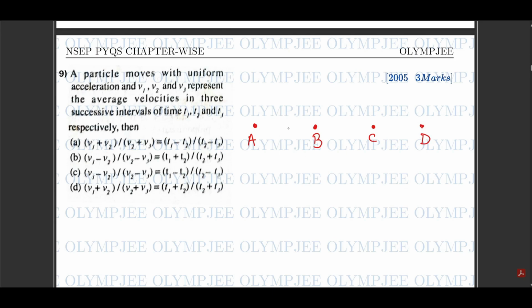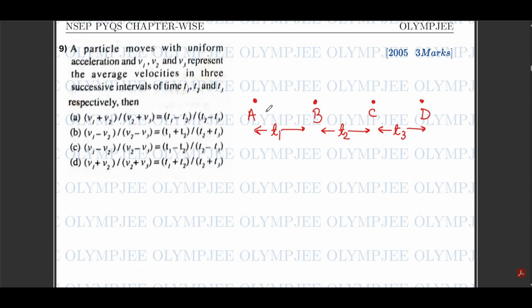Okay, so this interval is t1, this is t2, this is t3, and it is given that it is moving with uniform acceleration.